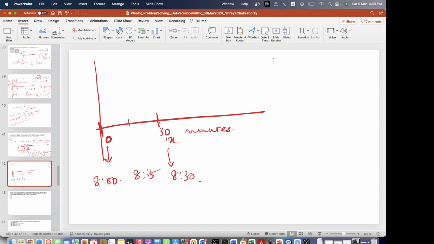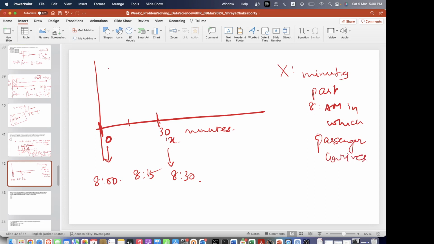Let's say x is the time of arrival in minutes past 8 o'clock at which the passenger arrives, and that is uniformly distributed, as you have been told, between 0 to 30. So this f(x) is 1 by 30.